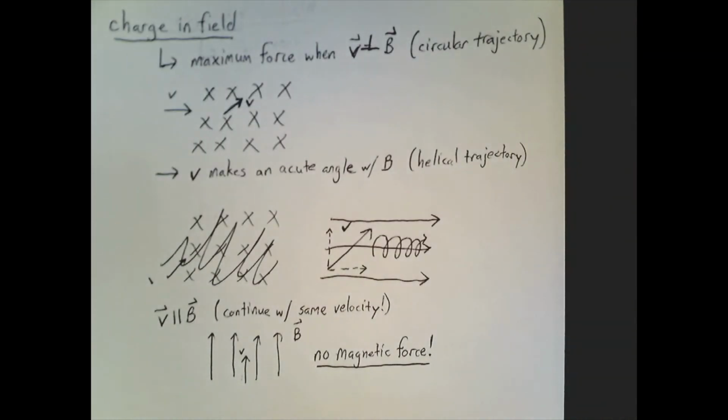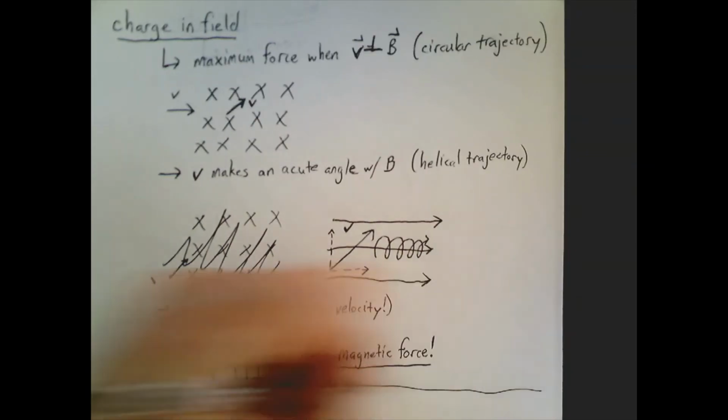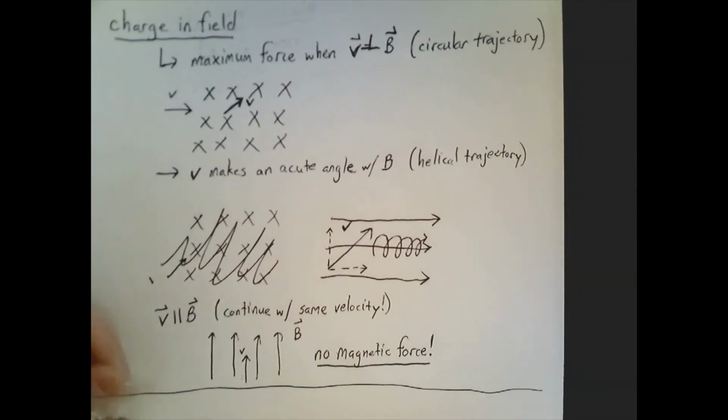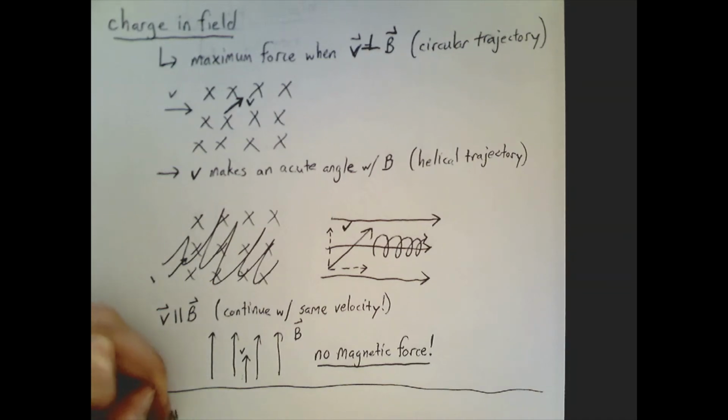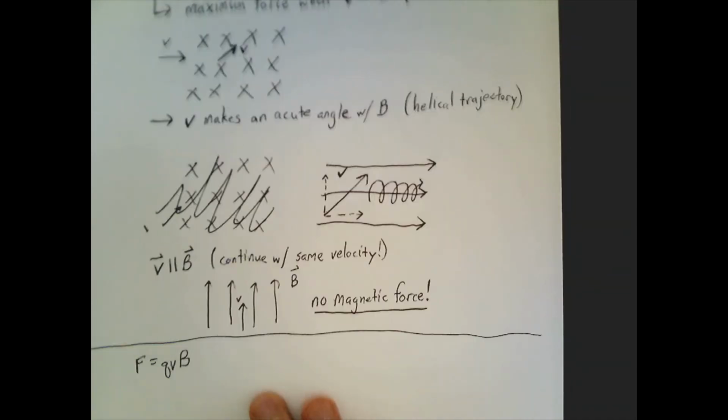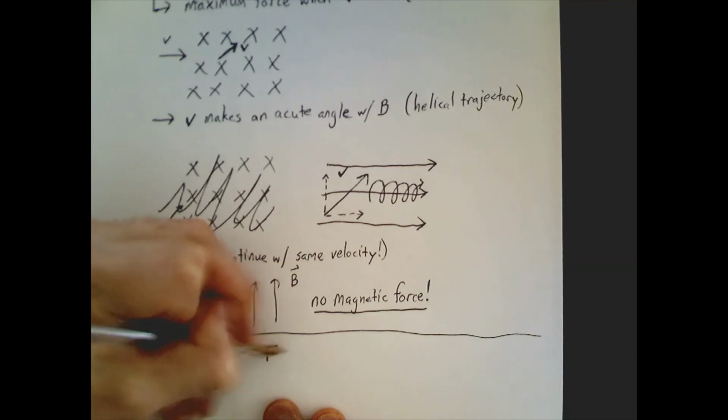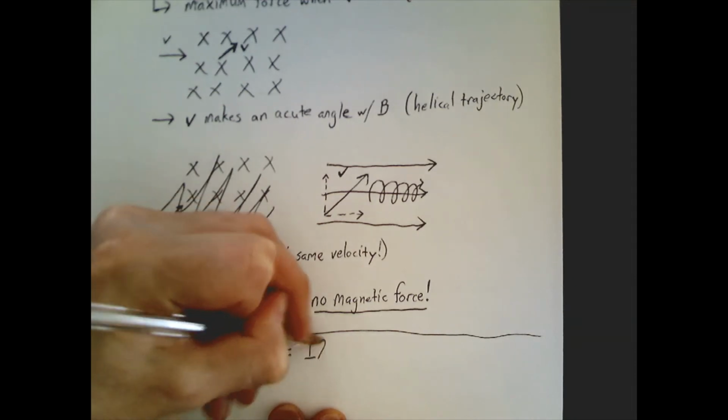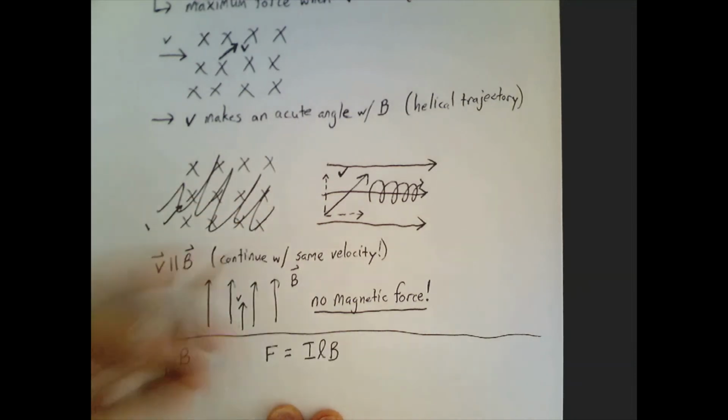We can extend this idea of a charge being influenced by a magnetic field to a wire being influenced by a magnetic field by looking at not F equals QVB, but instead F equals ILB. I is the current here.